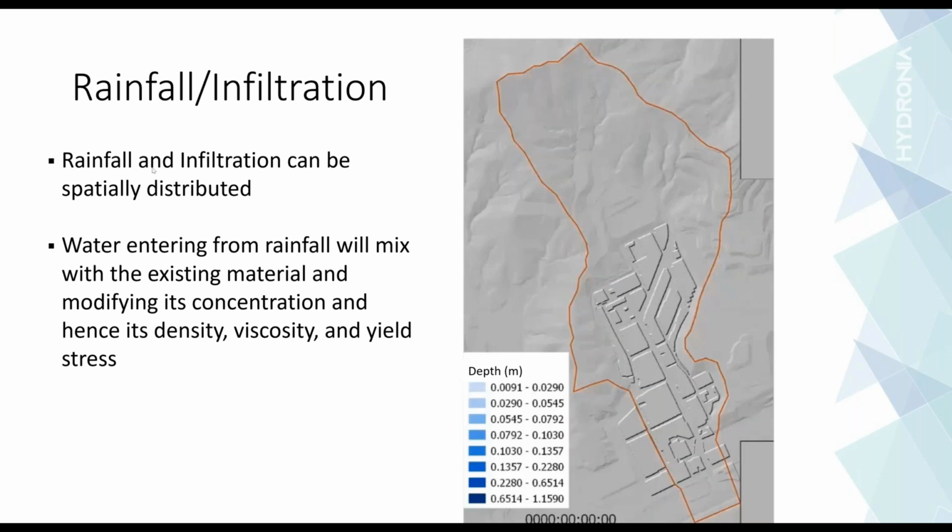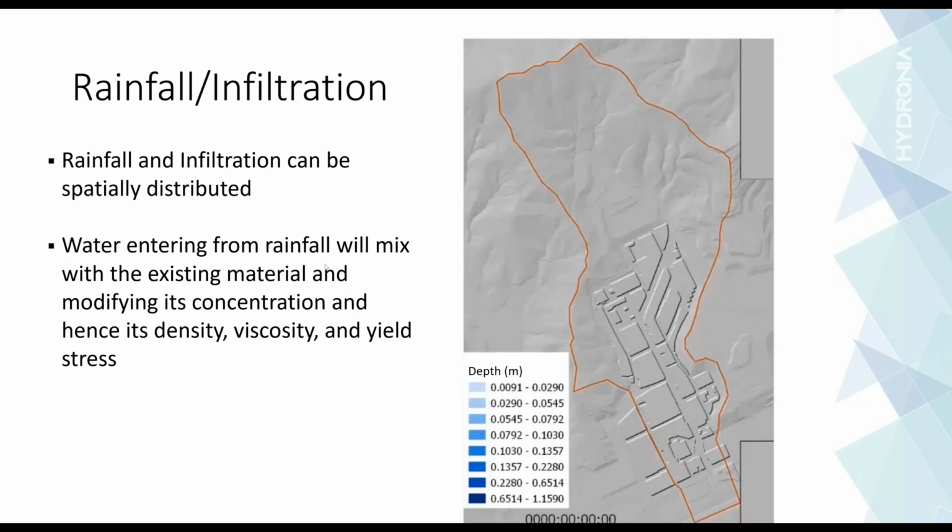The rainfall and infiltration can be added in a spatially distributed manner and with time variation. So you can add a storm only upstream in the watershed or downstream or in any location, or you can have a variable rainfall distribution that can affect the area in different ways.